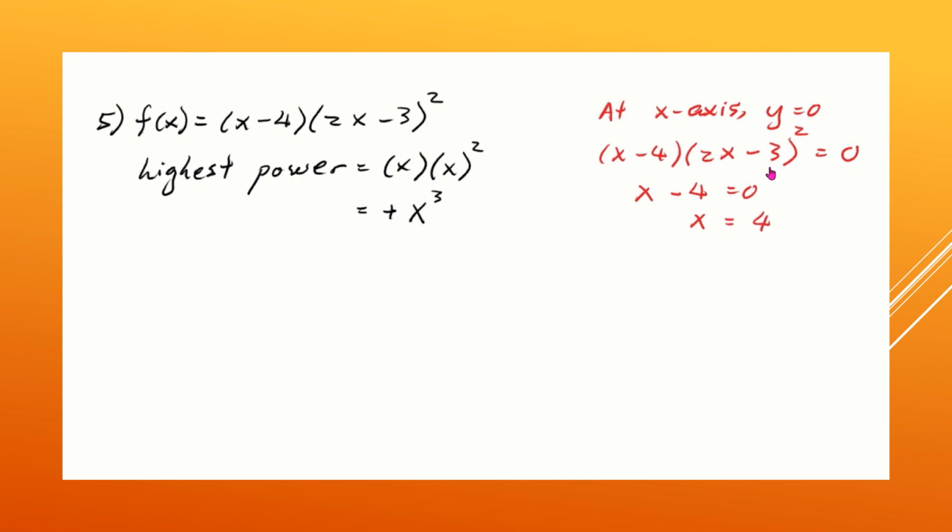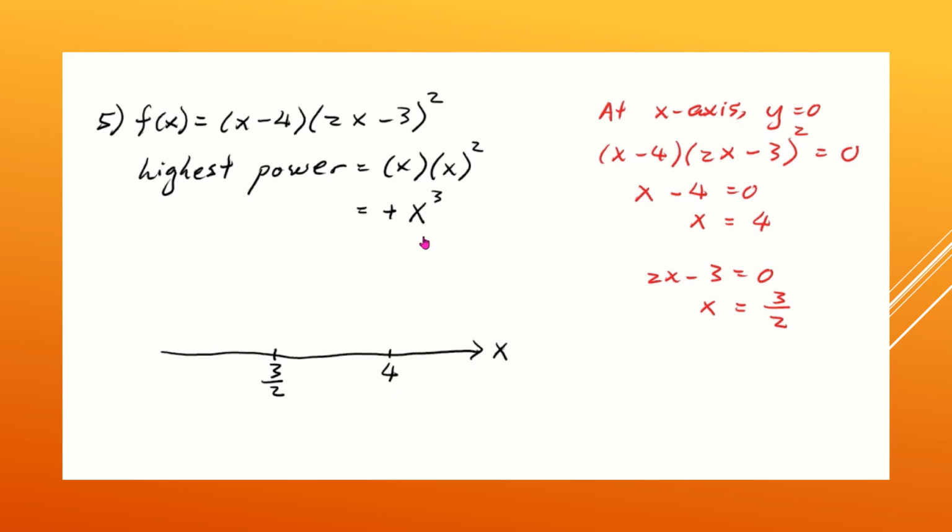Then from the second factor, 2x minus 3 equals 0, so x is 3 over 2. Now we can label the x-axis. We start from 3 over 2. The second point is 4.